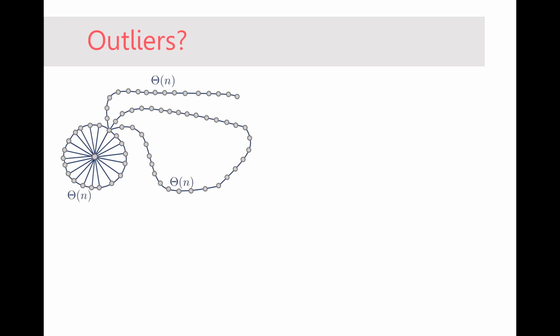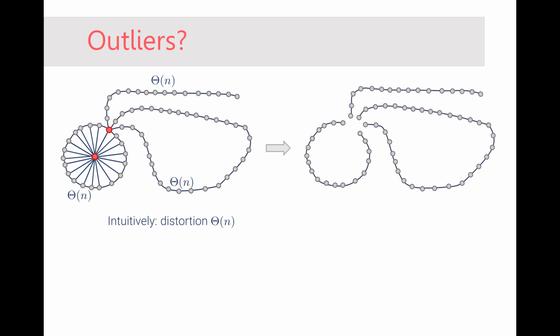Let us assume that it is big enough: a really long path, a really long cycle, and a really dense wheel. So intuitively, it should have large distortion when embedded into the line. Now assume that we remove just these 2 points. What we get is a collection of 3 paths, which have distortion 1 for the embedding, by removing just 2 vertices.